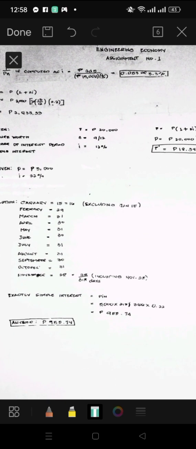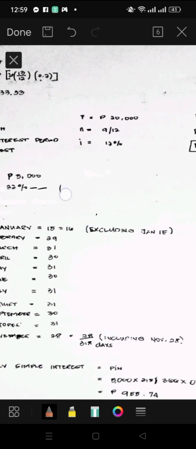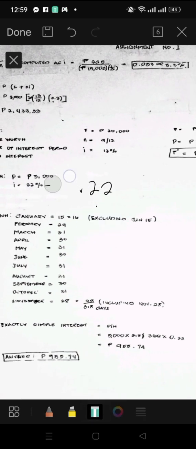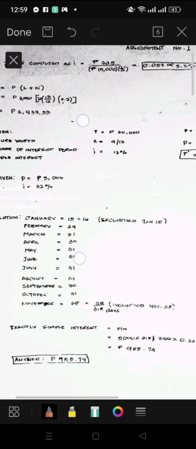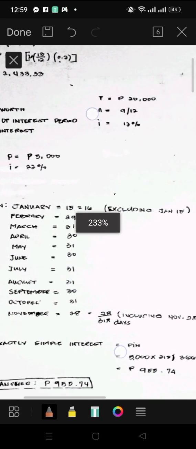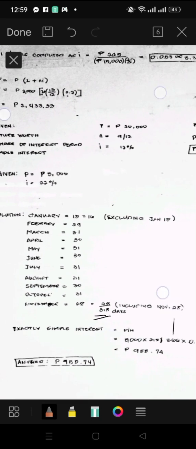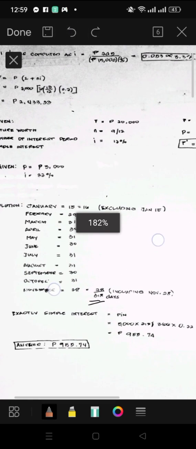So proceed to our formula. For number 4, the given is: P is equal to 5,000, and i is equal to 22%, in decimal 0.22. n is equal to 318 days. To obtain the number of days, let's use the calendar showing the number of days in a year, from January 15 to November 28.